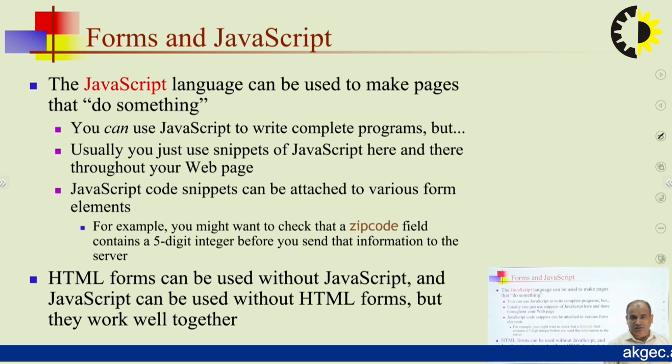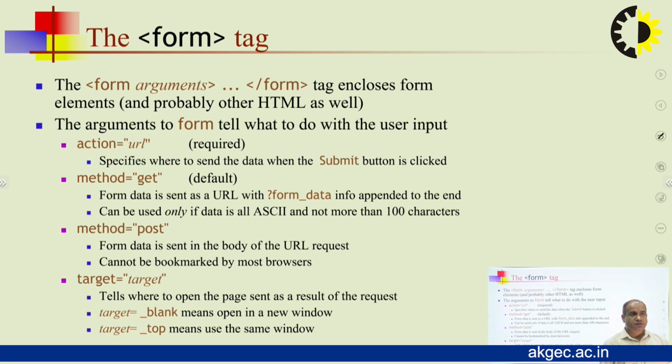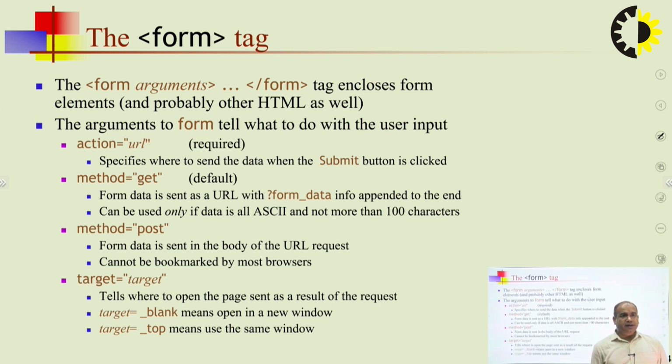So, if I talk about the form tag, the form tag is an HTML tag having an opening and closing tag, and it is used like other HTML tags and is written in the body tag.